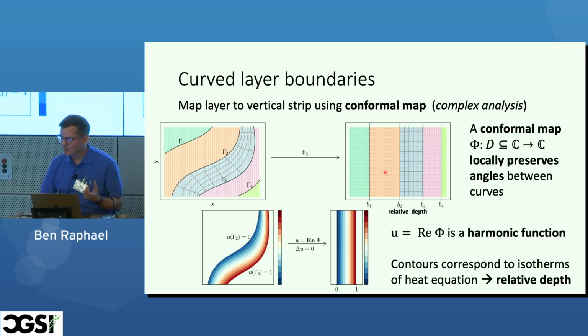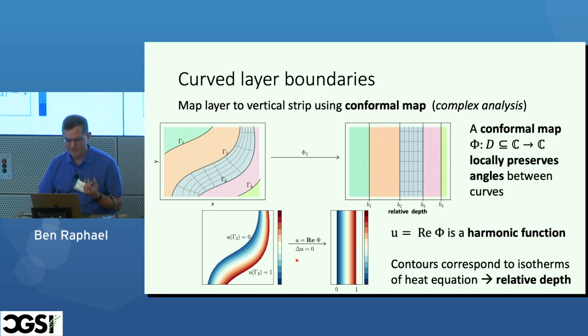But actually, I can describe a simpler form of this for you. If we think of these curves in this layer as sources of heat, I'm going to assign heat 0 to one boundary, heat 1 to another boundary, and then ask what's the temperature at each internal location in the layer. Solving that heat equation gives me what are called the isotherms, the curves of constant temperature.